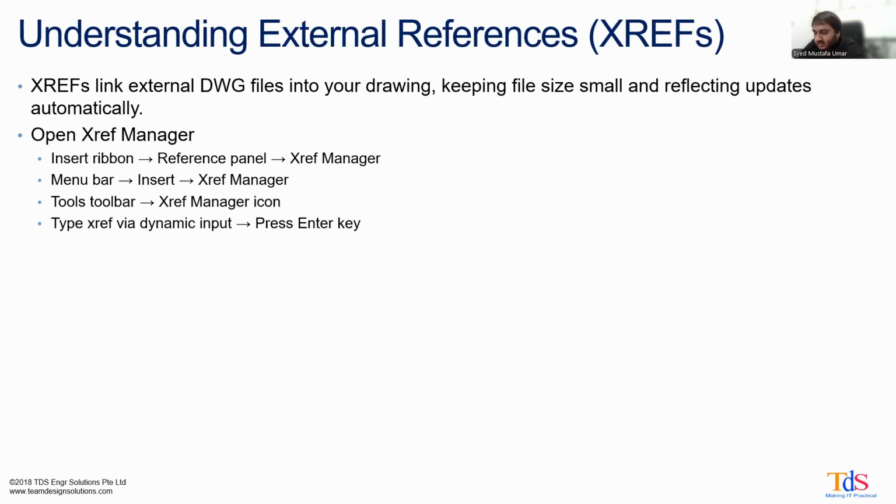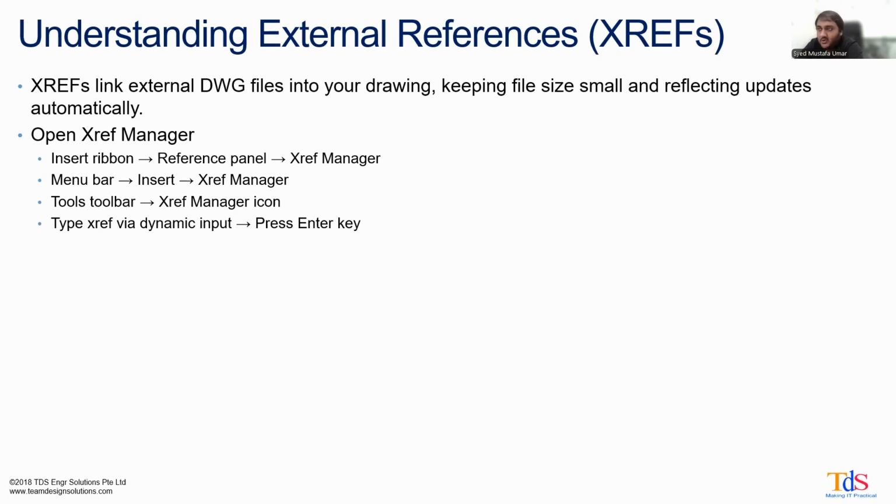So either you can always create a block in each of the drawings that you open up, but that's not really an efficient way. So rather, what you do is you would save that as an external reference. Save the drawing that contains the chair as a block, as a DWG file, and then be able to refer to that DWG file in different drawings.